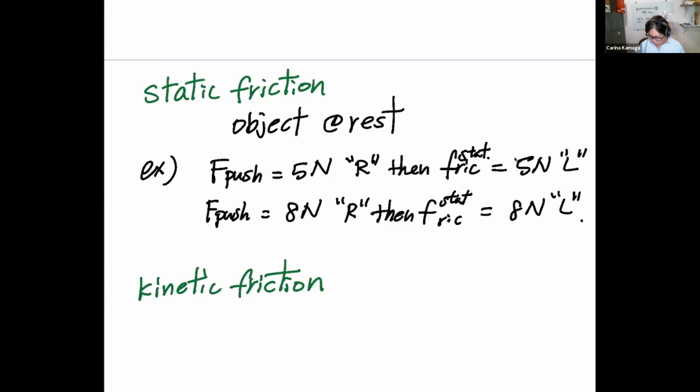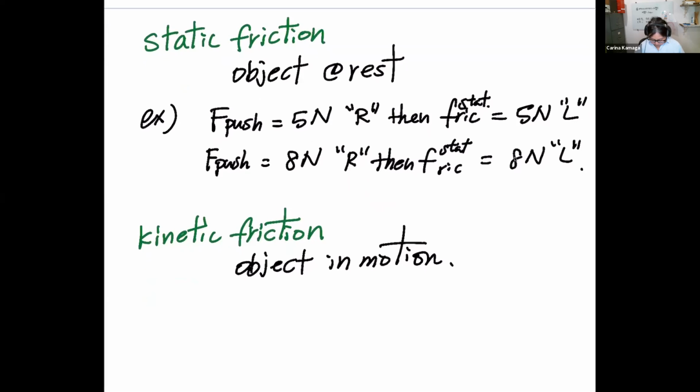In the case of kinetic friction, the object is in motion and the value is mostly constant.